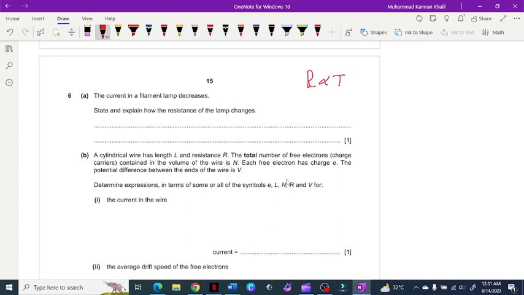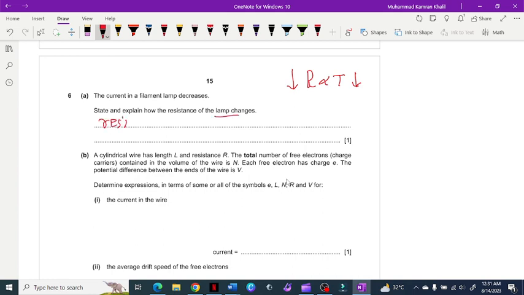So when more current passes, the filament will heat up more quickly. When the current decreases, the filament temperature will decrease. So when temperature decreases, the resistance will also decrease. So state and explain how the resistance of the filament changes. State and explain the resistance decreases.